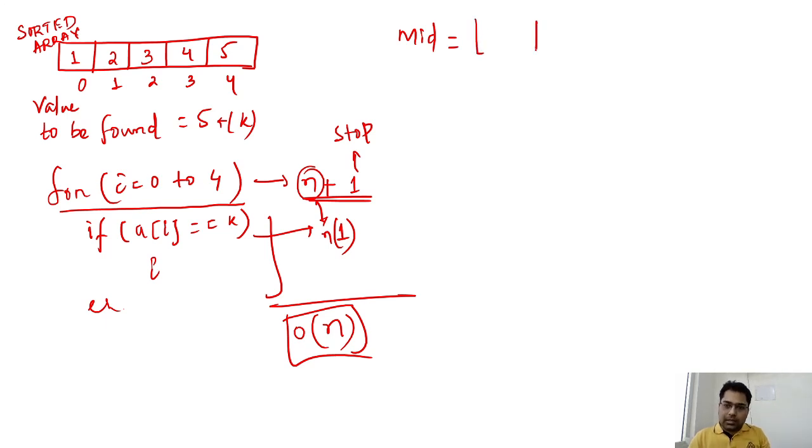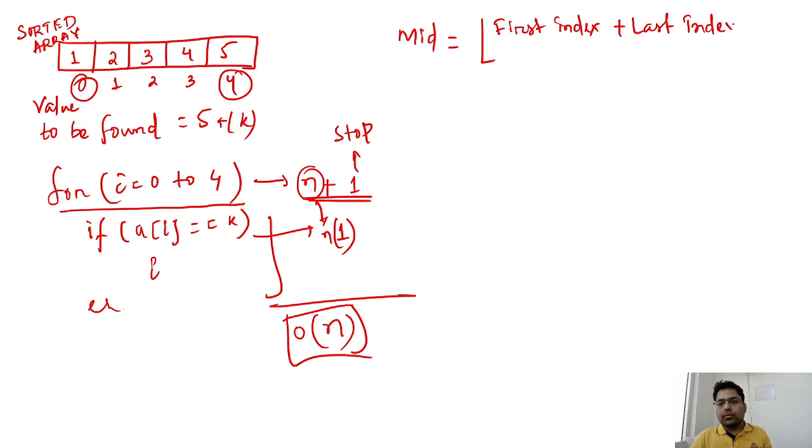So here we will take the floor function of it. Floor function of what? The last index with the first index. So mid is the floor of first index plus last index, divided by 2.